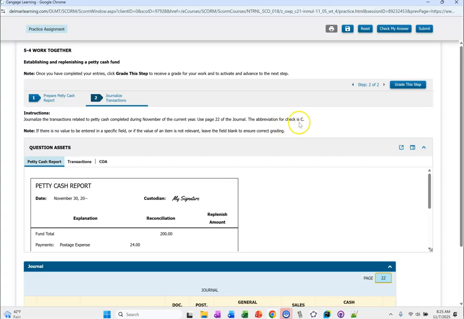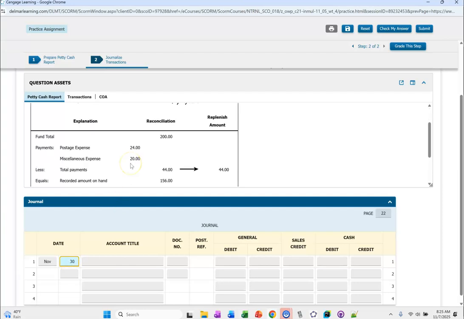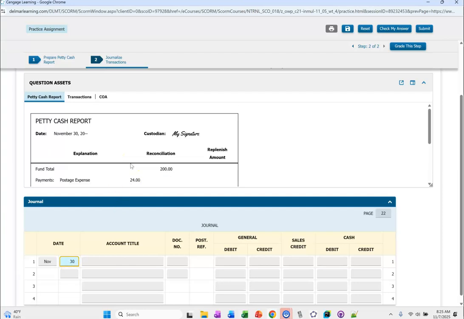The abbreviation for check is C. Note if there's no value to be entered, leave it blank. All right. Petty cash report. So start with the date, November 30th. So not November 1st. We use the date from the petty cash report.